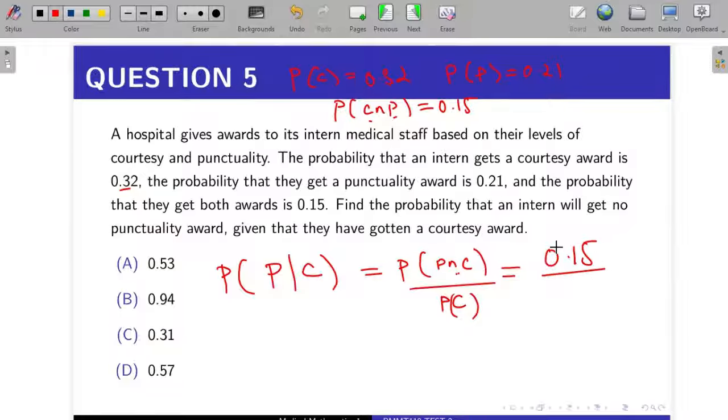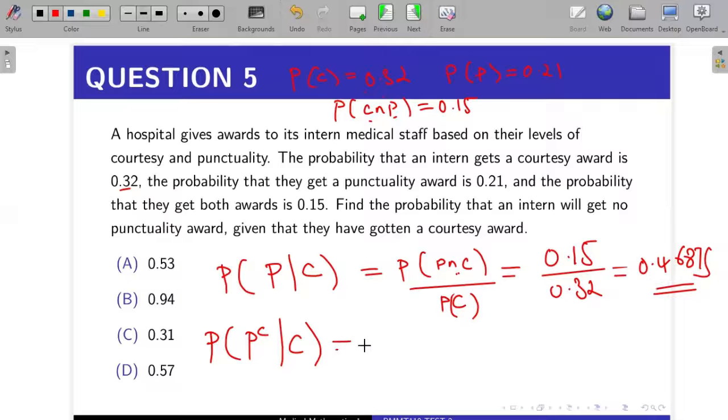0.32. So if I divide this, what do I get? I get 0.46875. So this is the probability that the intern will get the punctuality award, given that they have already gotten the courtesy award. And now to find the probability that this intern has not gotten the punctuality award, meaning P complement, given that they've gotten the courtesy award, it's just going to be 1 minus the probability that they get the punctuality award given that they already have the courtesy award.